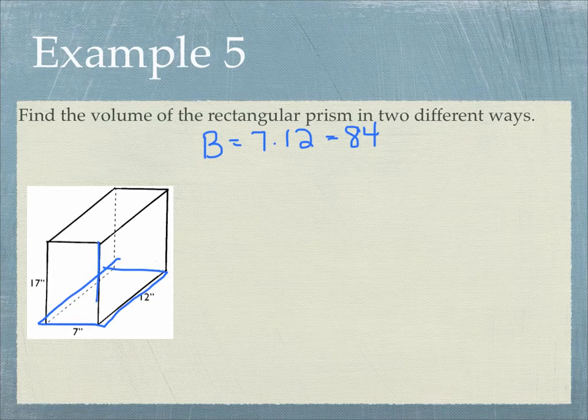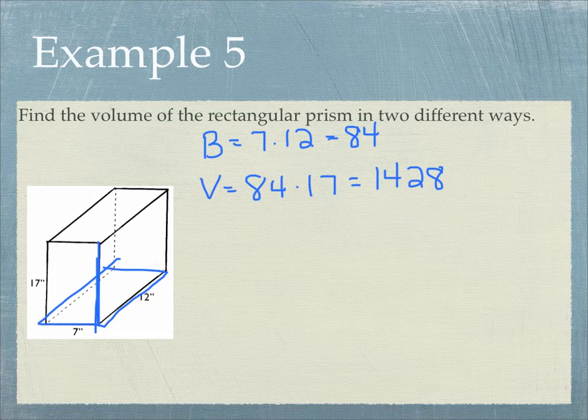And then I could multiply that by the height, which is 17. Someone help me with 84 times 17. 1,428. Okay, 1,428, and that'd be in cubic inches. So there's one way I could do it.